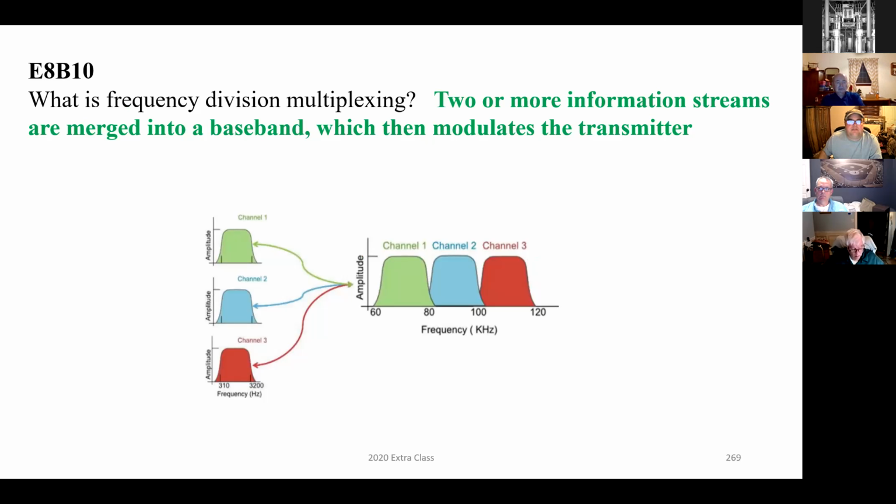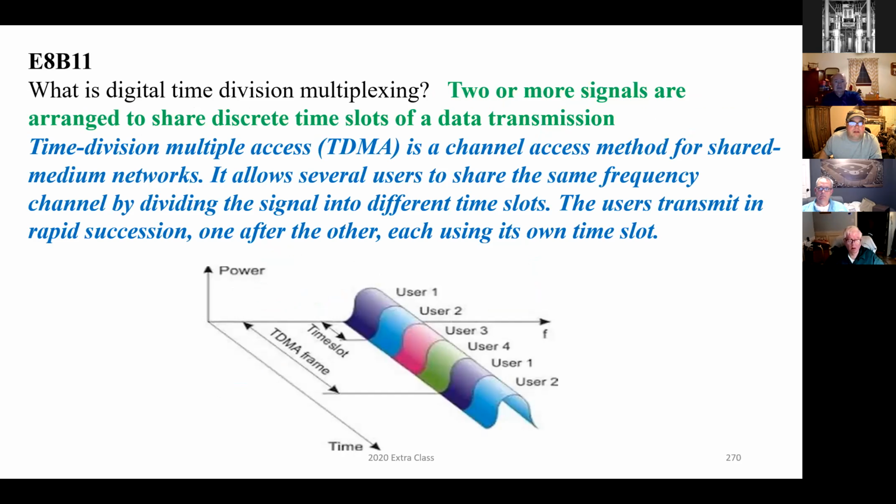What is frequency division multiplexing? It's 2 or more information streams are merged into a baseband, which then modulates the transmitter. What is digital time division multiplexing? 2 or more signals are arranged to share discrete time slots of a data transmission.